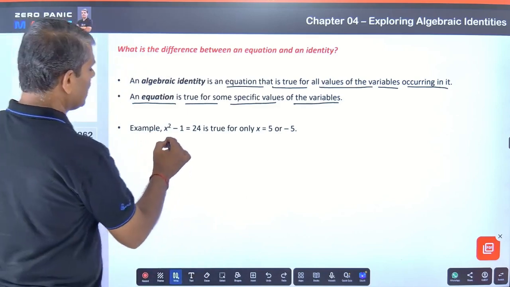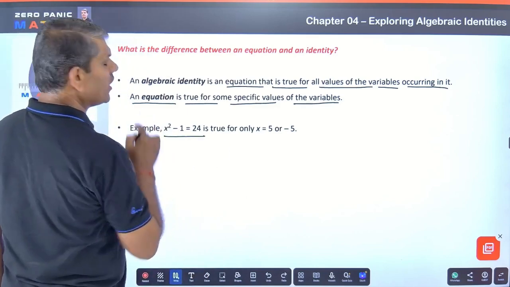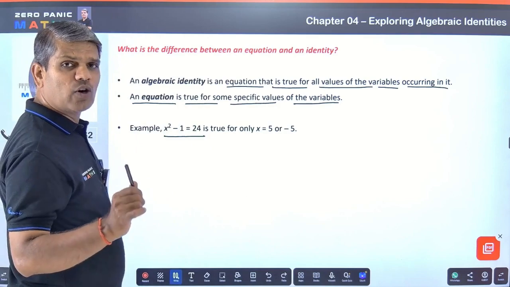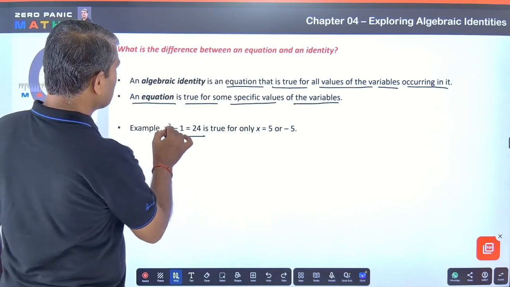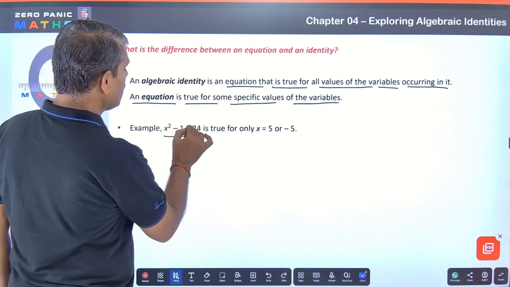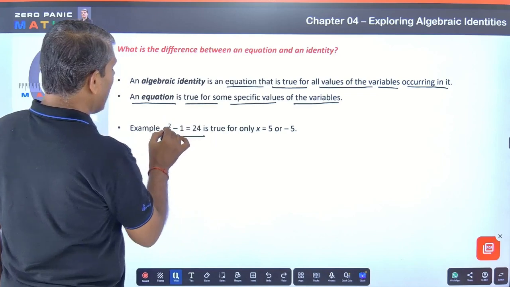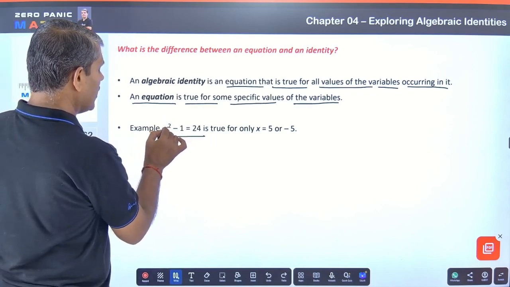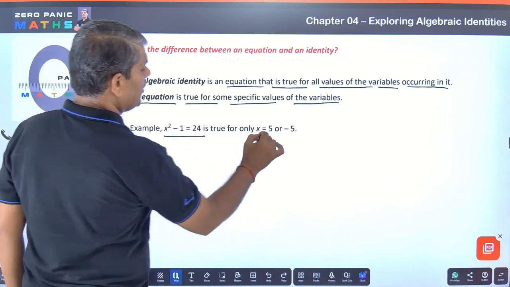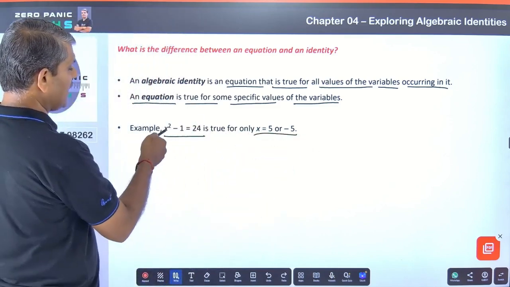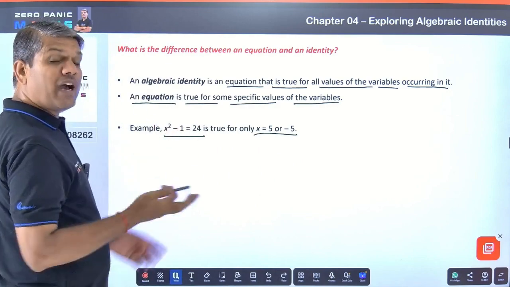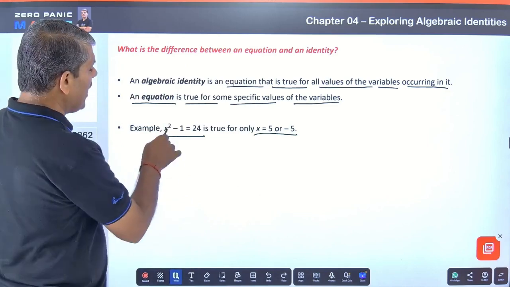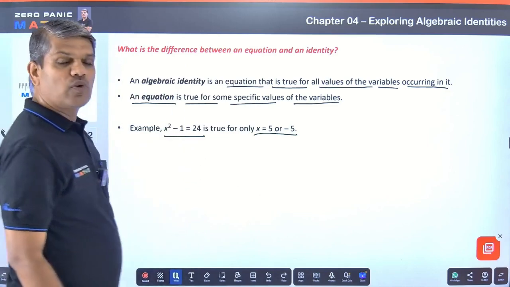Some example you can take is x square minus 1 is equal to 24, which is an algebraic equation. Because for x square minus 1 to be 24, I can put x is equal to 5 or x is equal to minus 5. You can just check it. 5 square 25 minus 1, that is 24. Minus 5 square is also 25, and minus 1 will be equal to 24.